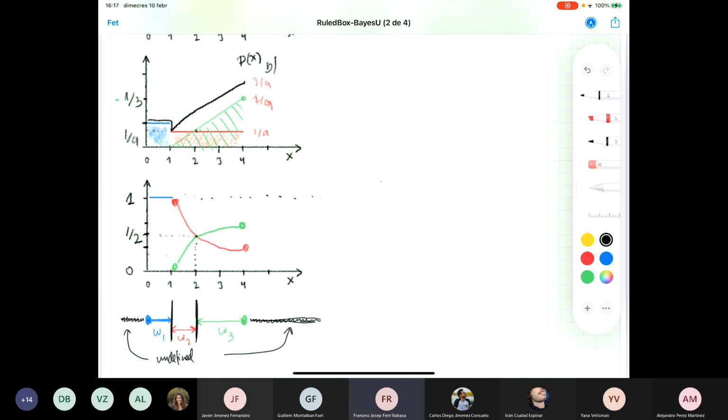Here all of them are 0. Here 2 of them are the same. Here 2 of them are the same. So these are called decision boundaries.